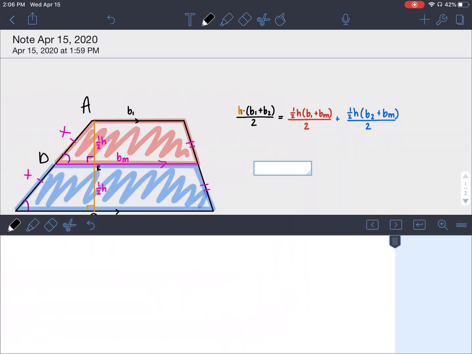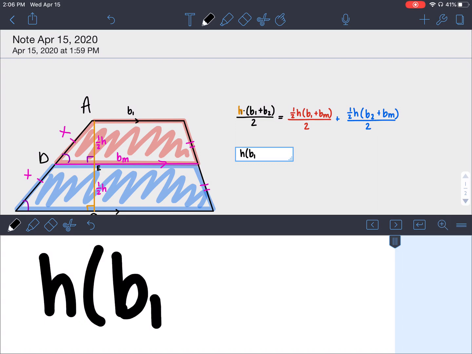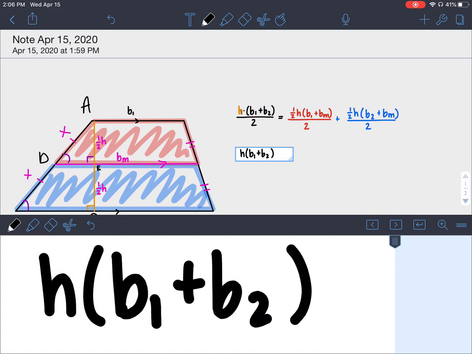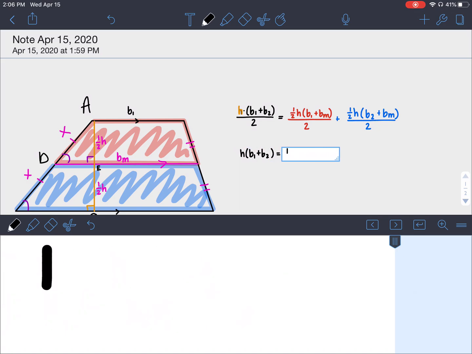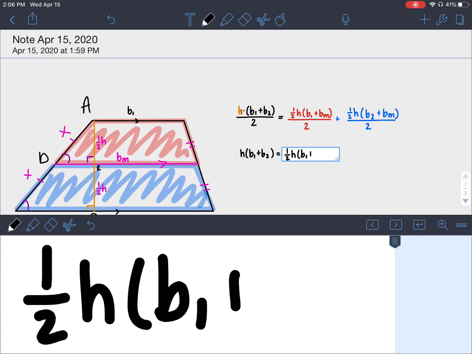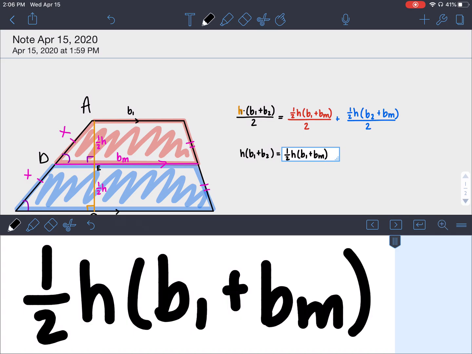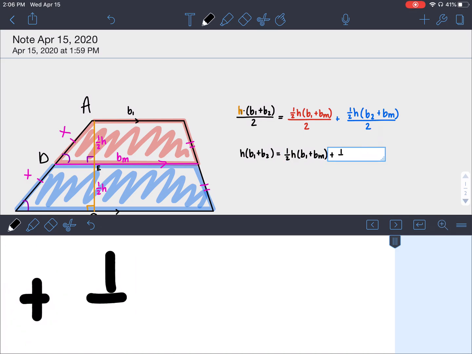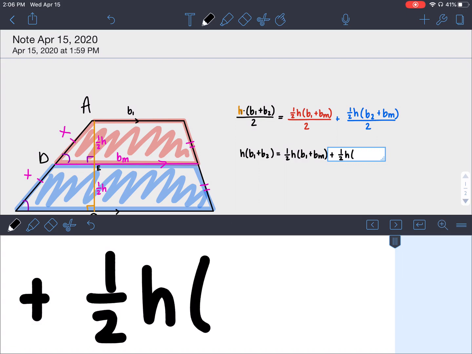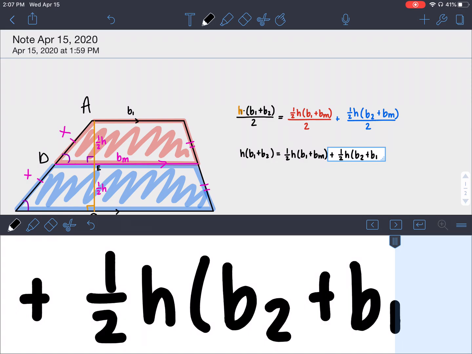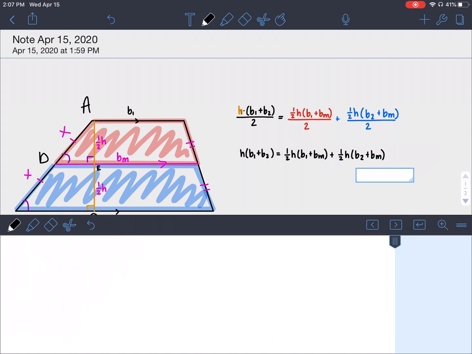Okay. Now after this, just a whole bunch of algebra. So the first thing I notice is that they're all over 2. So I know that means that our numerators have to be equal to each other because they have common denominators. Okay.